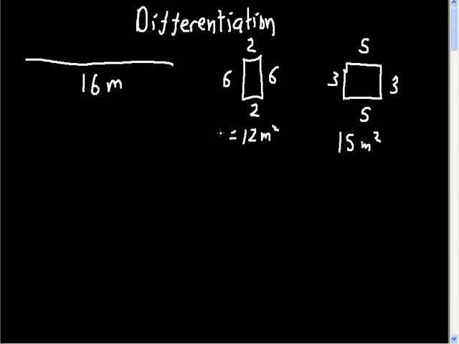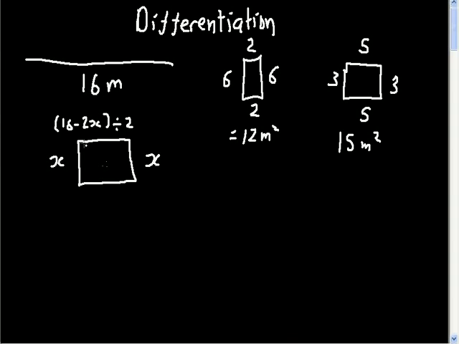We can get a lot of different combinations for the two sides, but we've got to go for the optimal dimensions that give us the maximum area. So what shall we do? We've got to work out a formula for this. If I call this side x, this side would be x as well, whereas this side would be (16 minus 2x) divided by 2.